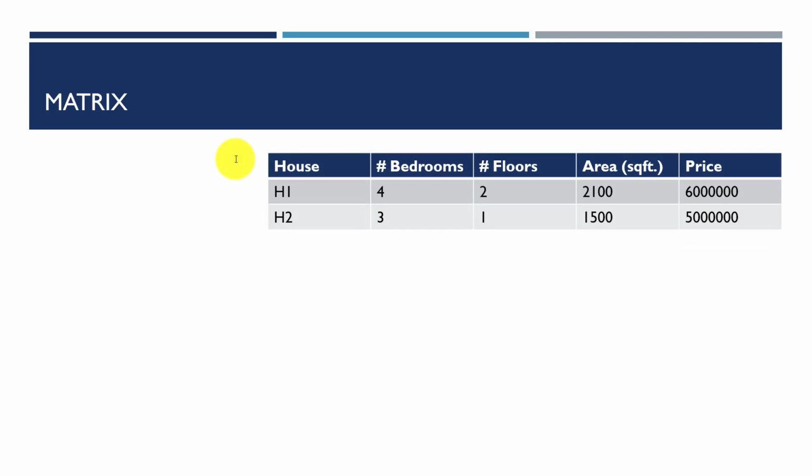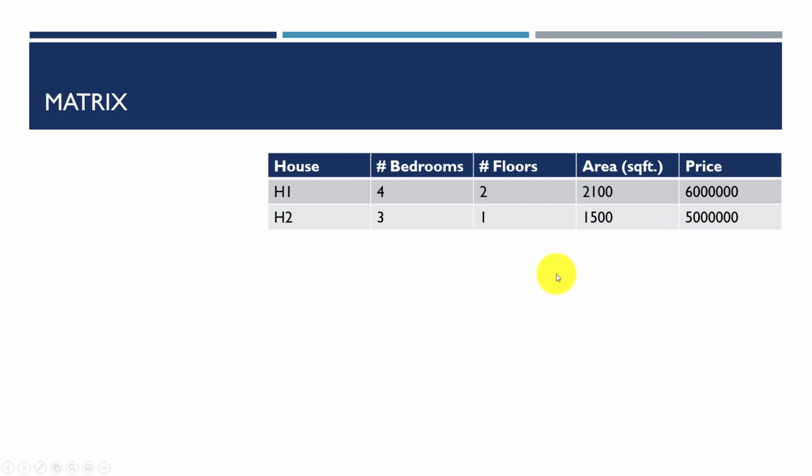Now let's talk about the two-dimensional tensor, which we can represent with a matrix. We will go by similar examples to what we have seen with vectors. Now we have two houses' data: for house 1 we have these features, and for house 2 we have these features.